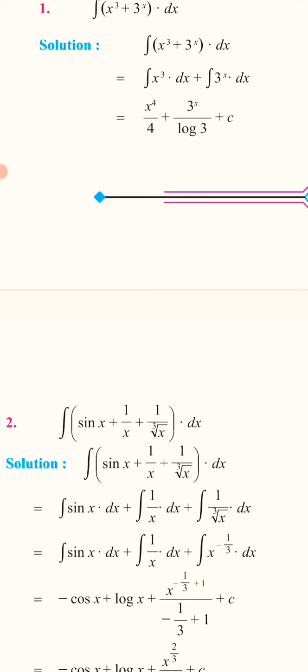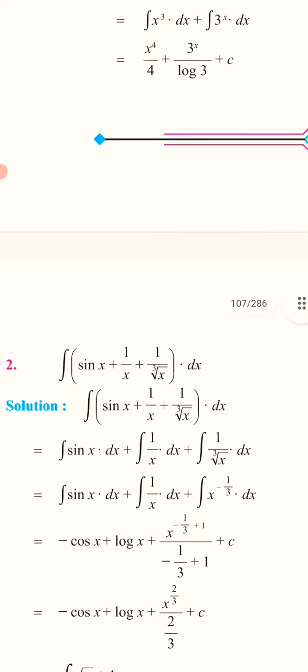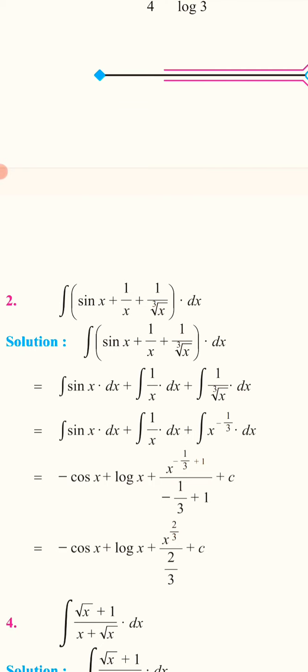So x raised to minus 1 by 3. By using the first standard result, integration of x raised to n is x raised to n plus 1 upon n plus 1. So x raised to minus 1 by 3 plus 1 upon minus 1 by 3 plus 1, plus c. So minus cos x plus log x plus, minus 1 by 3 plus 1, that is 3 minus 1, 2 by 3, upon 2 by 3, plus c.